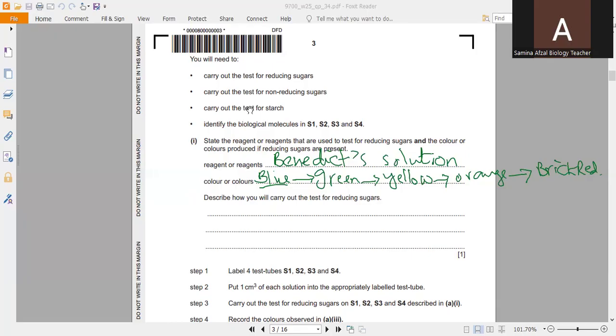Very simple. You will take the S1, S2, S3, and S4 in 4 different test tubes.